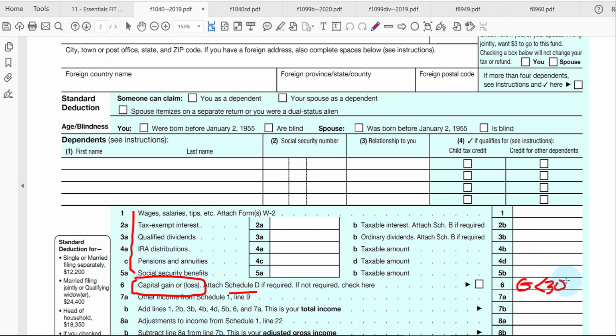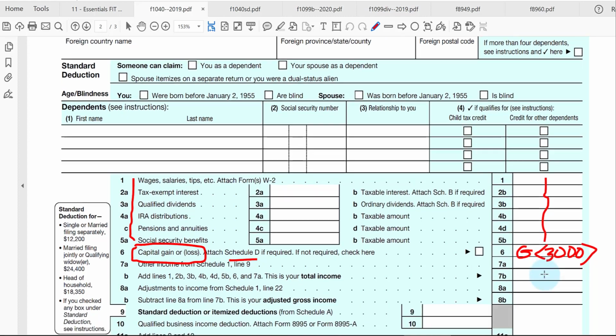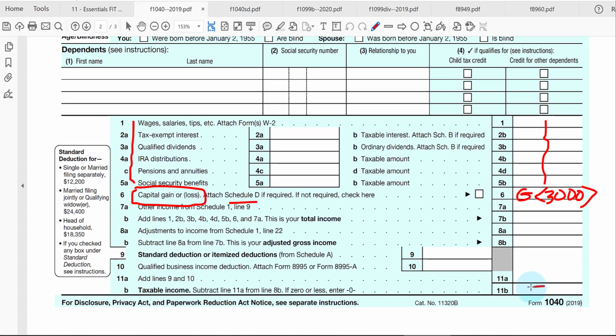If you have more, the excess would be carried over to next year to offset next year's capital gains and losses. So this $3,000 loss can be used to offset this other income up here. And of course, we total down to the bottom to get our taxable income, that we typically would look up on the tax table or use the tax rate schedule to get the tax for the year.